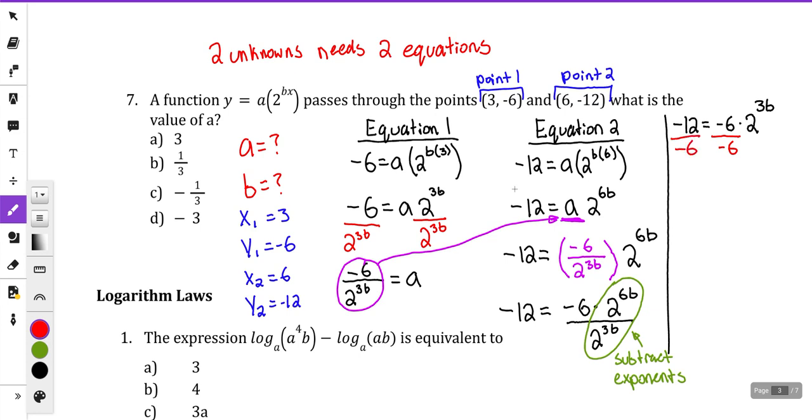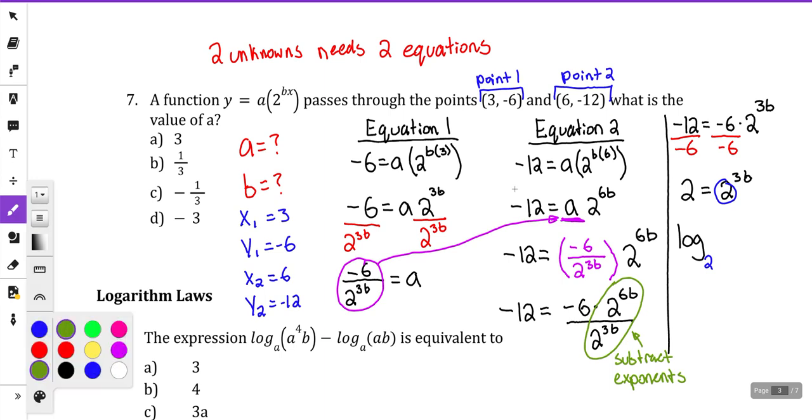When I divide that negative 6 over, it becomes 2 equals 2 to the power of 3b. You then can turn this thing into a log. Log, the base becomes the base. Base is 2.